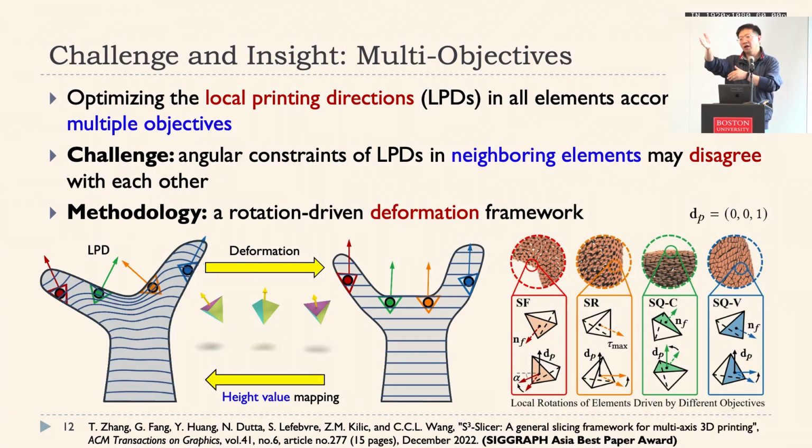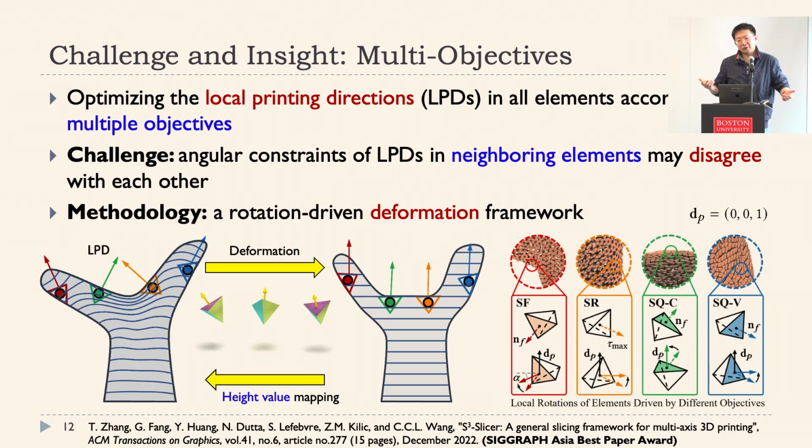So basically you have the surface normal. You're trying to tilt the printing direction to make it satisfy a certain angle between the printing direction and the surface normal. So that gives you some requirement, right? If your printing direction does not satisfy that, you are basically trying to rotate the printing direction, which is a rotation-driven kind of local change or local adjustment you are trying to achieve.